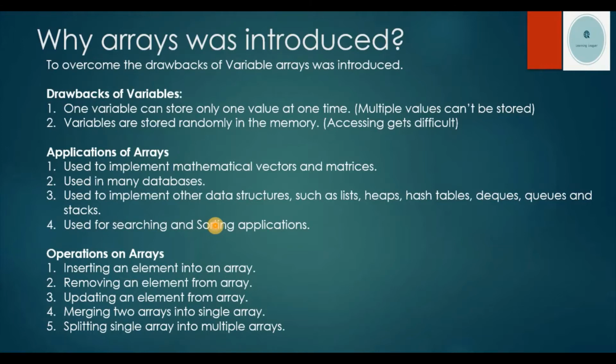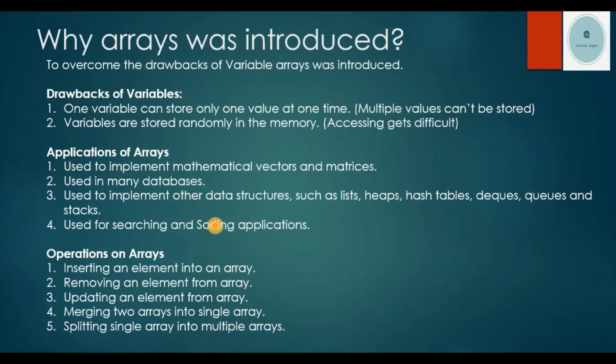For example, if I want to store 5 different values, then I need 5 variables. Each value will be stored in a single variable. Suppose I want to store 500 values, how many variables do I need? I need 500 variables. That means one value equals one variable at one time. This is the first drawback.